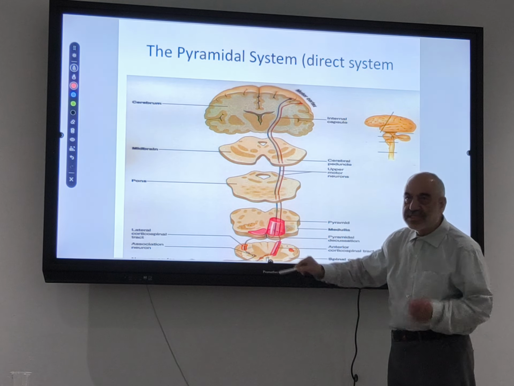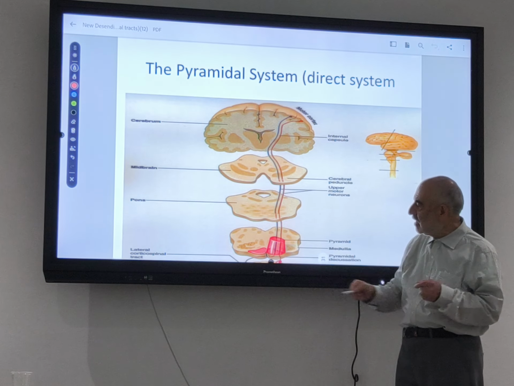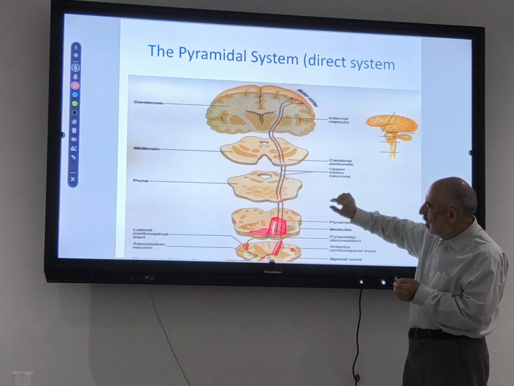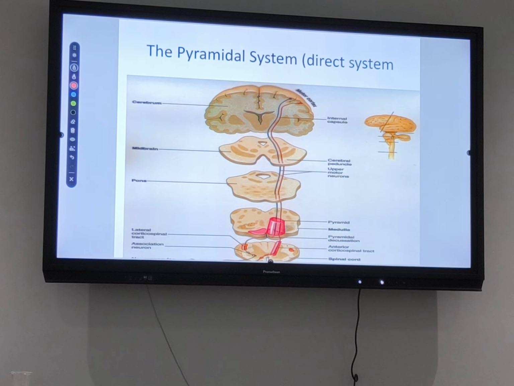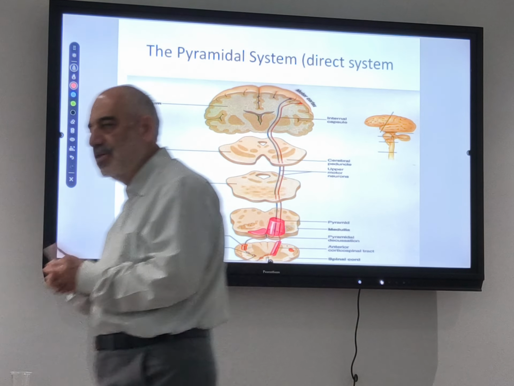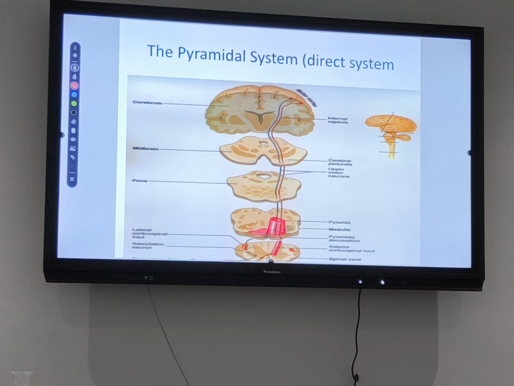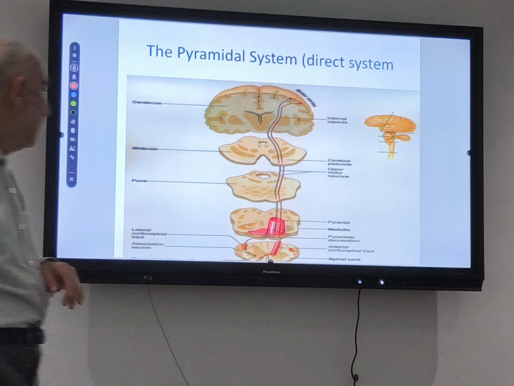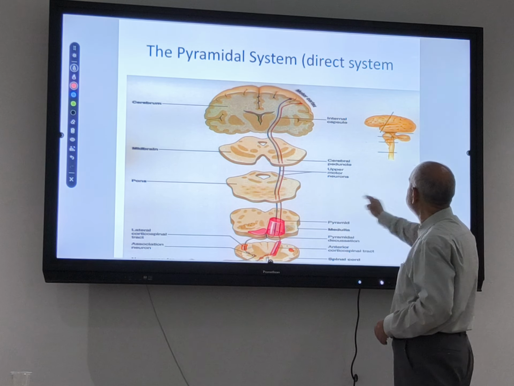This interneuron is the second order neuron, and the neuron inside the spinal cord here is the third order neuron. Sometimes sending the information and action potential from the cortex to the muscle is by three neurons: first order, second order, and third order. Okay? So this is the pyramidal system.